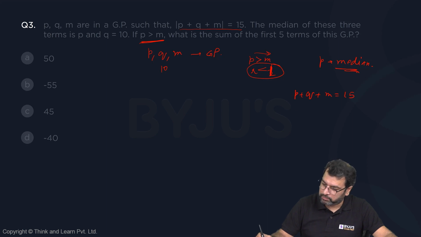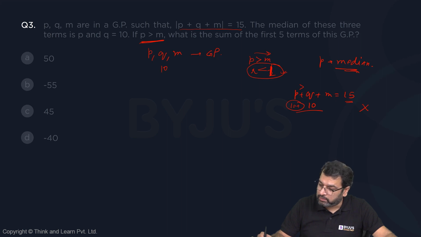Let's say the first case, okay. This is 10, okay. And if R is less than 1, that means P should be more than Q, isn't it? If P is more than Q, this term should have been 10 plus. So how the sum of 3 terms can be equal to 15? Not possible, isn't it?